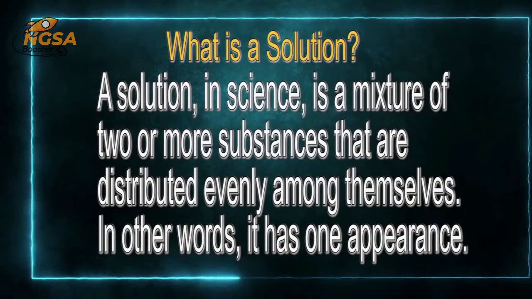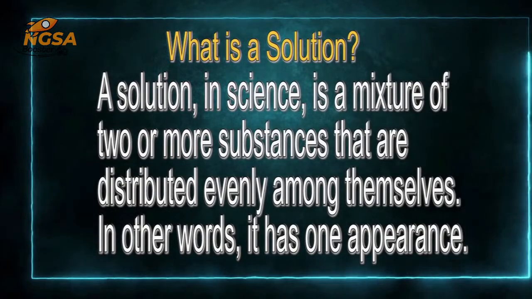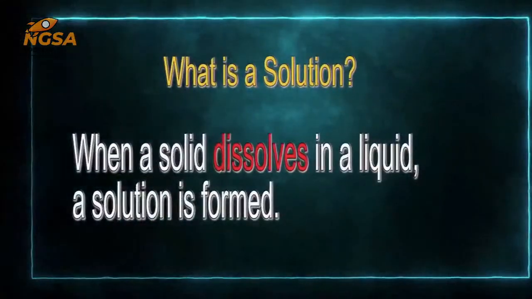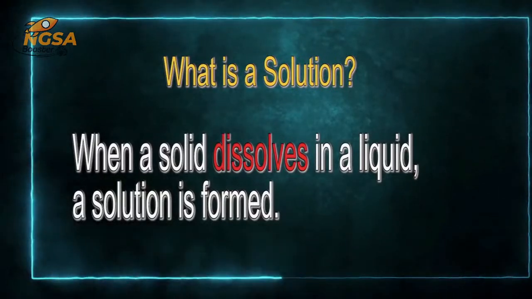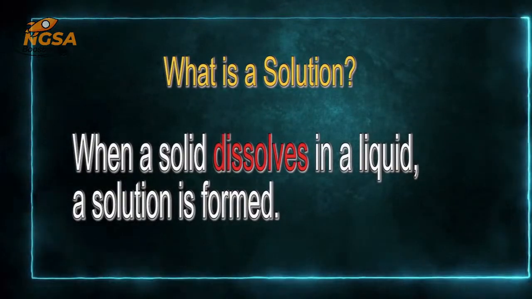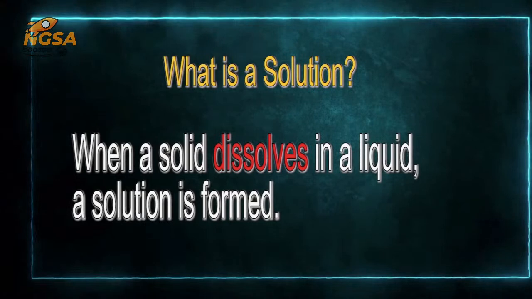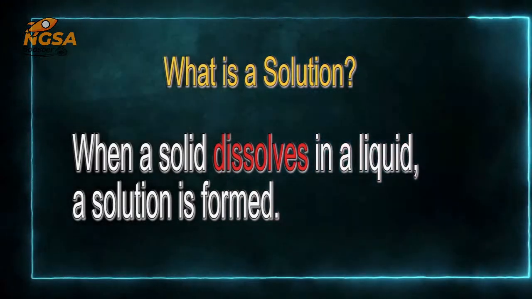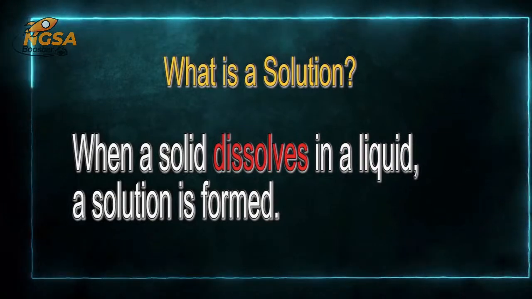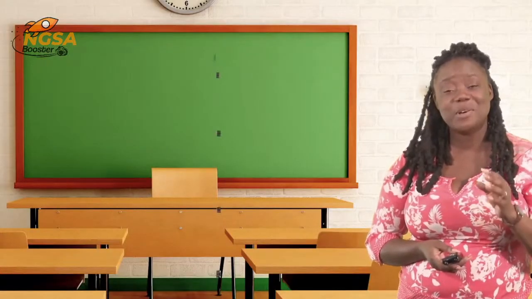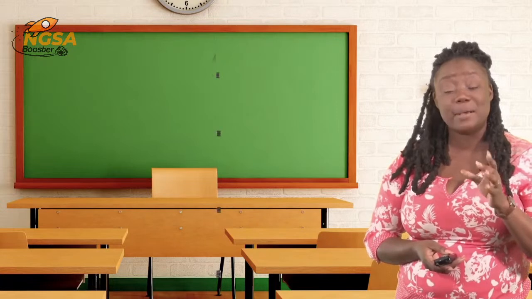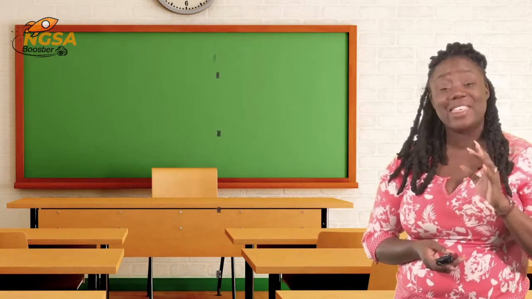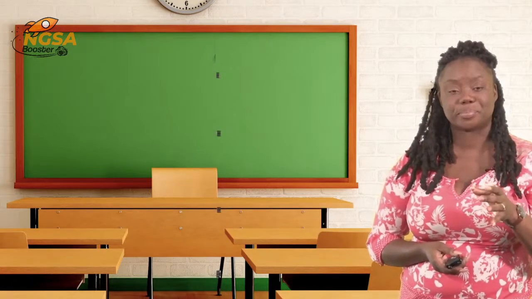In other words, it has one appearance. When a solid dissolves in a liquid, notice the word I use, dissolves. When a solid dissolves in a liquid, a solution is formed. In science, we don't say that solids melt in liquids, they dissolve.